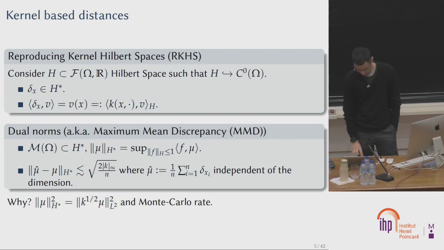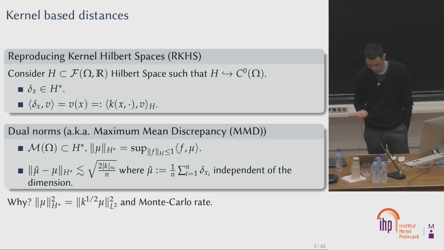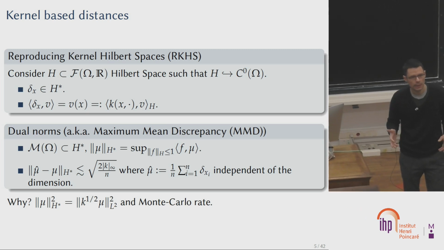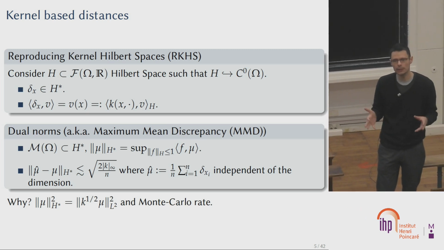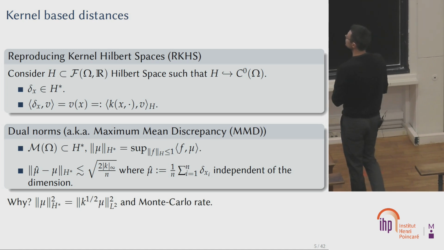And there are nice explicit formulas for the norm of mu being a probability measure. For instance for mu hat, there is an explicit formula: the sum over i and j of k of xi, xj. And so what I want to say here is that if you want to estimate the norm between mu and mu hat, what you obtain is a rate of 1 over square root n, which is nice.